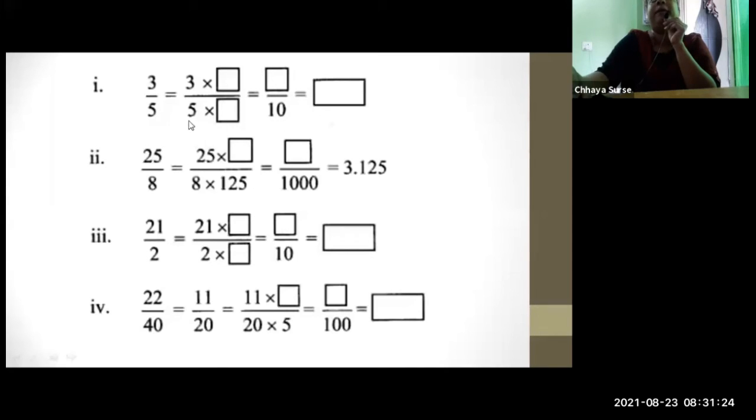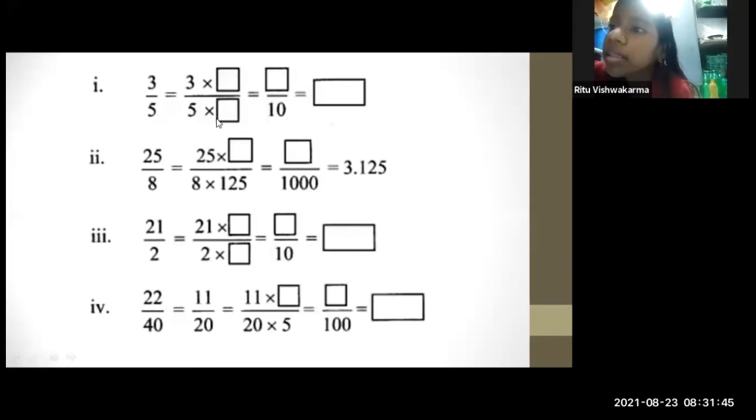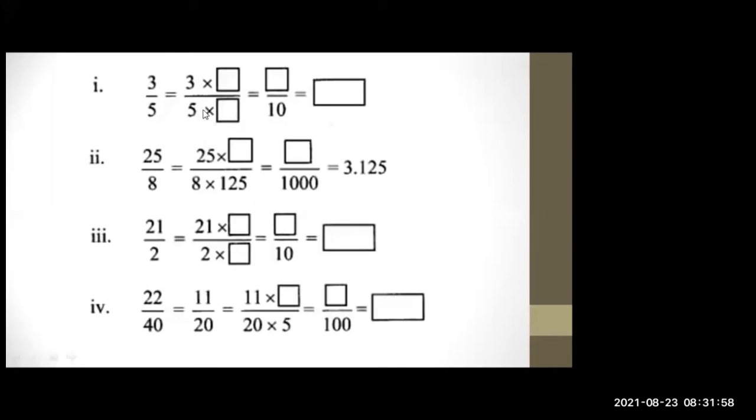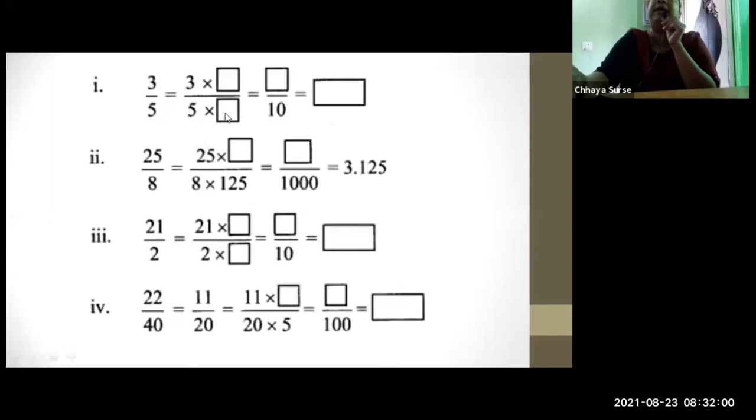That's why we multiply. By which number? We want to convert 5 into 10. Multiplying by 3, 5 times 3 is 15. No. Yes, 5 twos are 10, so you will multiply 5 by 2.